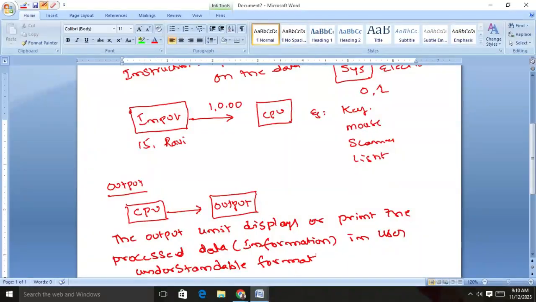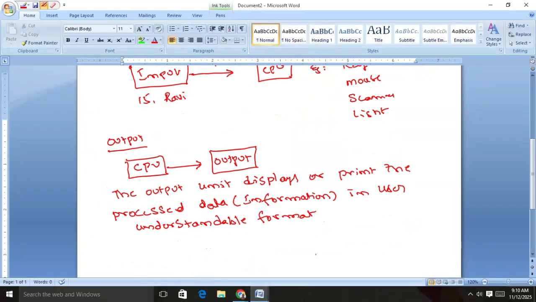So the input unit sends the information to the system. The output unit accepts the processed data from the CPU and displays it in user understandable form. The general output devices are VDU, which is known as the visual display unit, simply called a screen, and printers, and plotter, etc. These are the output devices.